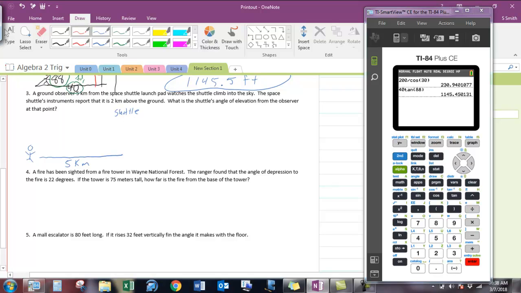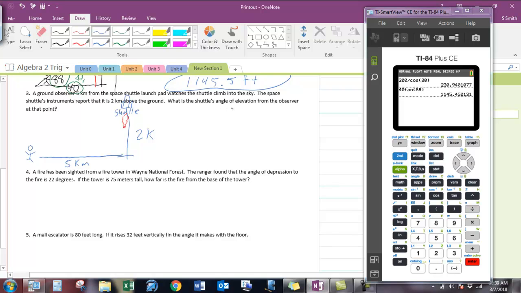And then, I'll tell you what, we'll put some fire beneath it. It's taking off and it's going off into the sky. Actually, alright, there you go. There's my shuttle. That's a crappy shuttle. Anywho, it's up here, climbing into the sky, and it's 2 kilometers above the ground at the moment.